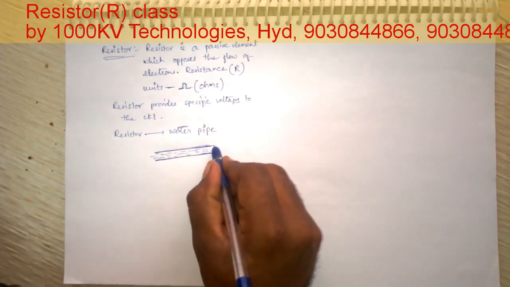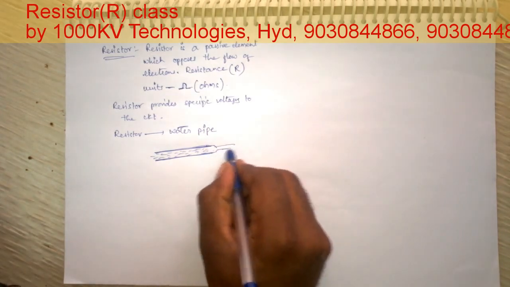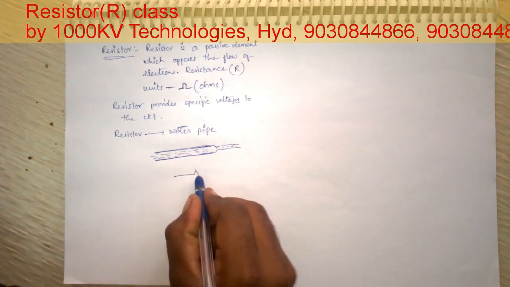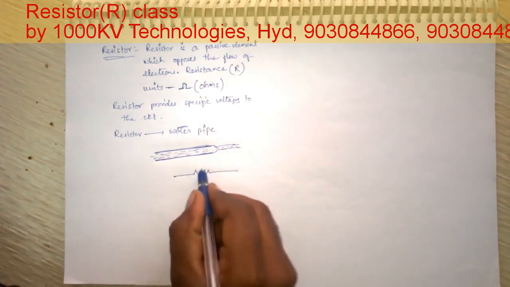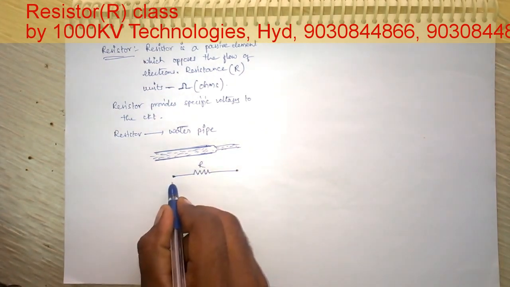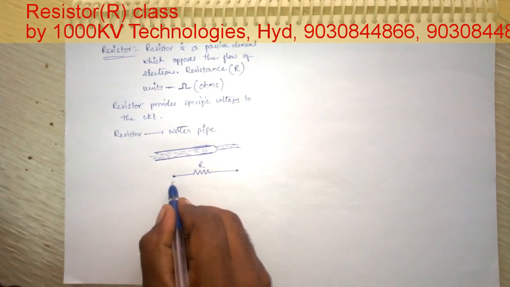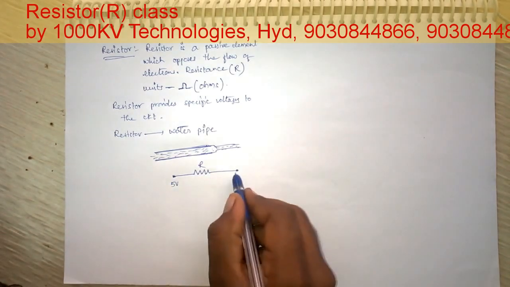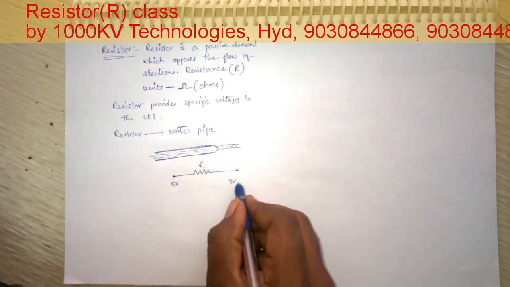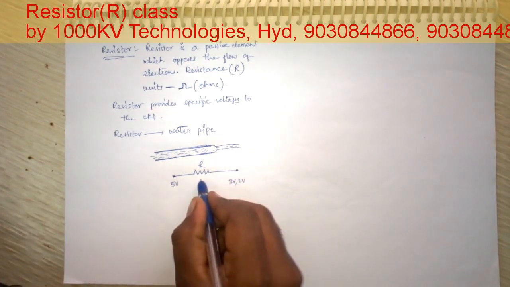When the pipe gets twisted here, then the rate of flow will be decreased. Similar to this, resistor is also like that. When we apply voltage here, for example 5 volts, we will get either 3 volts or 2 volts, depending upon the resistance of this resistor.